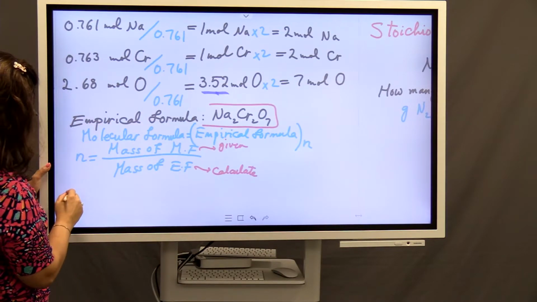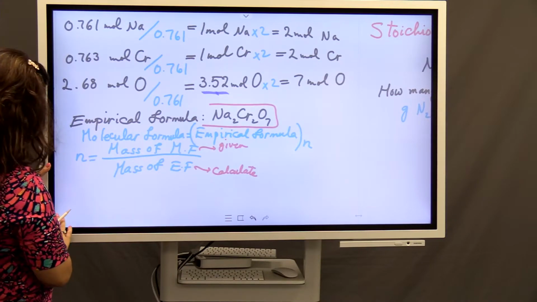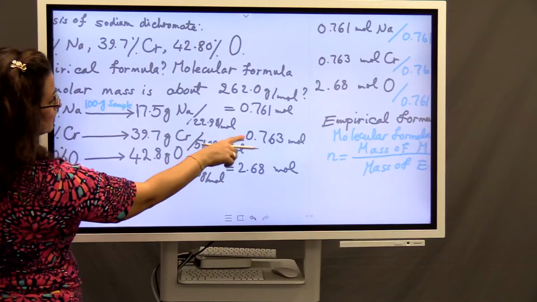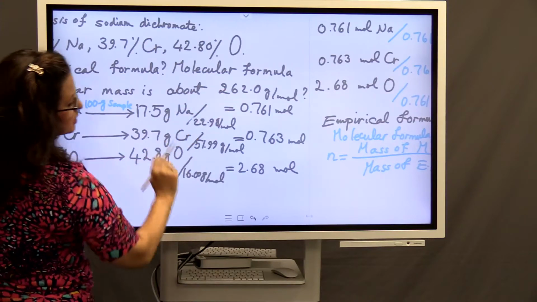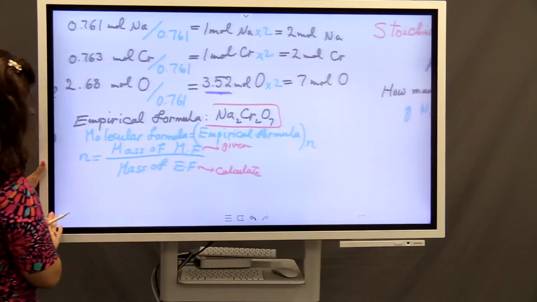So let's do it together. The mass of molecular formula was given, which was 262 grams per mole.